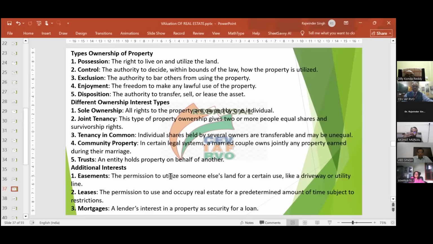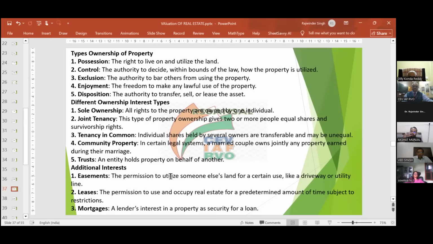Then tenancy in common. Individual shares held by several owners are transferable and may be unequal. In joint ownership, each owner has an equal share. In tenancy in common, there will be a number of shareholders and each may have an unequal share. That is called tenancy in common or ownership in common, you can say.